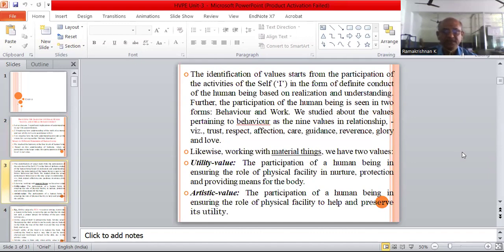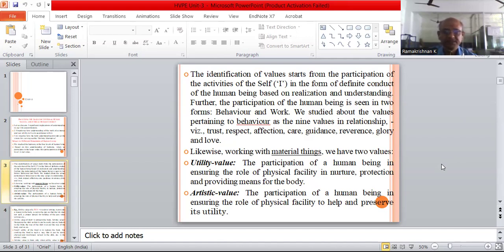In working with material things, we have these two types. The utility value is concerned with the participation of every human in ensuring the role of physical facilities in nurturing, protecting and providing the means of the body.